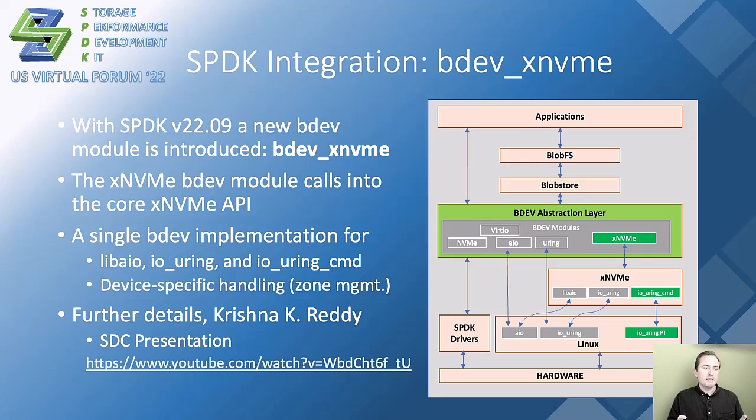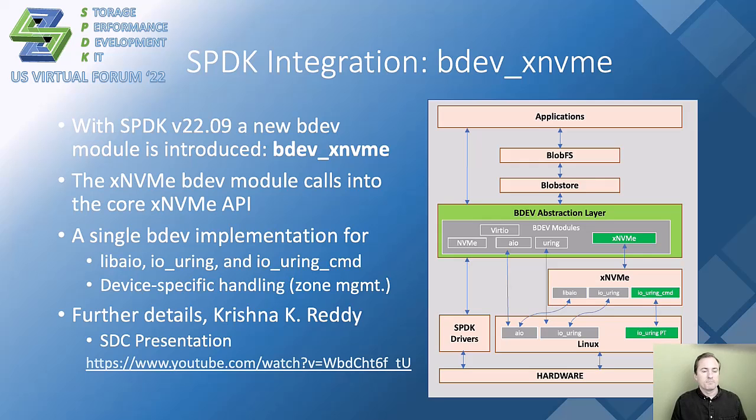So xNVMe provides all of these different interfaces. And inside of SPDK, we added a new BDEV called the BDEV xNVMe, and it basically just calls into the xNVMe APIs, and thus provides a single BDEV implementation for all of libaio, io_uring, and the new io_uring command. By doing so, we can have one place to add device-specific handling, such as zone management, or device-specific optimization, such as a device-side NVM copy.